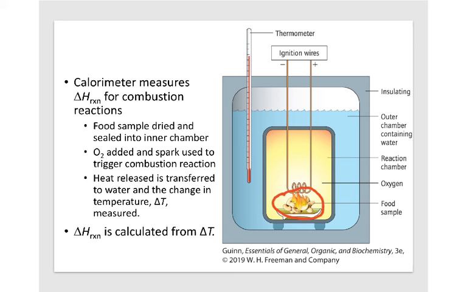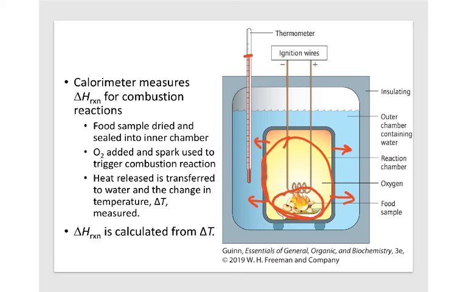So that's going to release heat into the chamber, and that heat will then be released out to the water, and the water will be warmed. You can measure the temperature of the water, and using the change in the water temperature and knowledge about how much energy is required to change water's temperature, delta H can be back calculated from delta T, or the change in temperature.